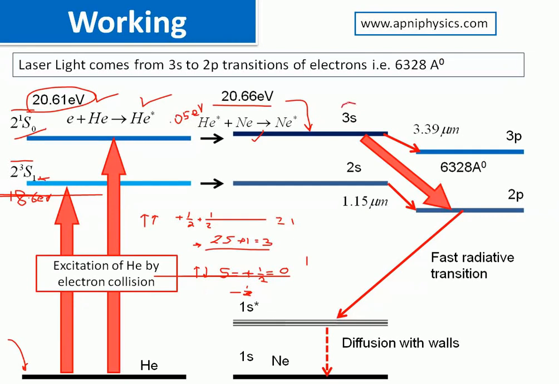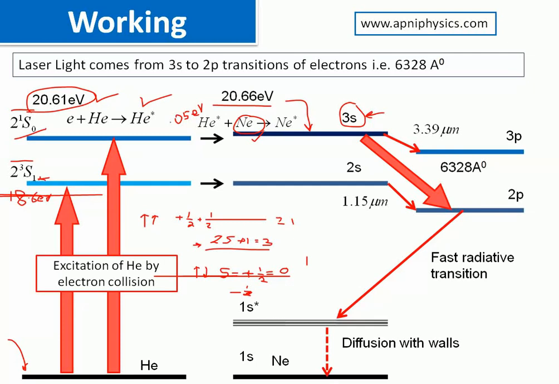So 3s, because of this energy 20.66 electron volt, when transferred to the neon atom, here this is the neon atom. So when this 20.66 electron volt total energy from the helium side, this excitation energy and this kinetic energy 0.05 electron volt, is transferred to the neon atom, the neon atom comes into this particular state, the metastable state of the neon atom, known as 3s, where 3 is the shell and s is the orbital.